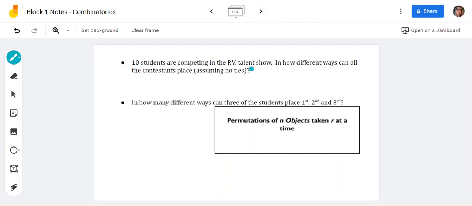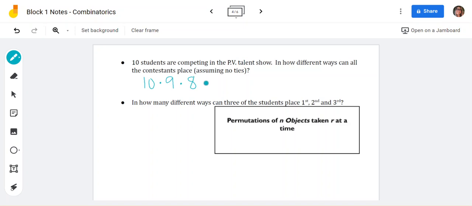Ten students are competing in the Parkview talent show. How many different ways can all the contestants be placed, assuming there's no ties? So when we're deciding first place, there are 10 students, so there are 10 options. Once first place is chosen, there's only 9 options for second.